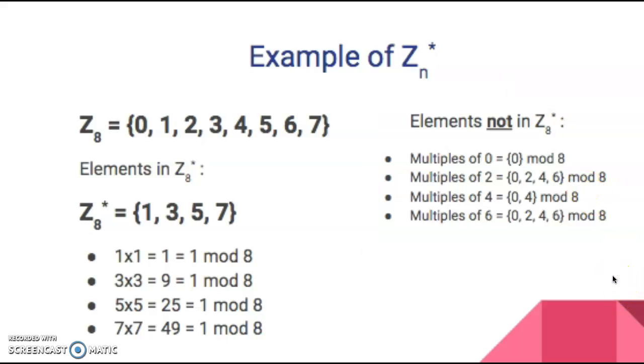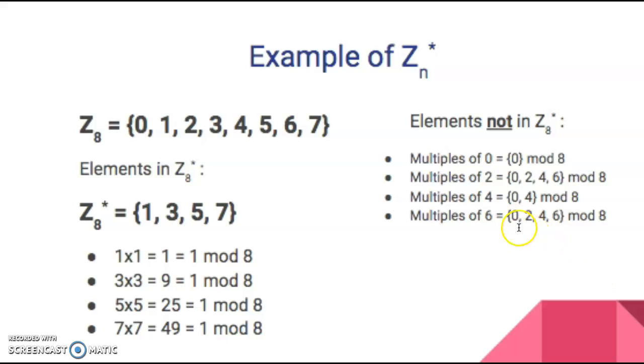Now we have 4. If we were to find the multiples of 4, either we're going to have a remainder of 4 or we're going to have no remainder at all, which is 0 modulo 8, so we can't generate 1 using multiples of 4. And again, same situation with the number 6. If we find all the multiples of 6, it's either going to generate a remainder of 0, 2, 4, or 6 when we consider modulo 8 arithmetic.